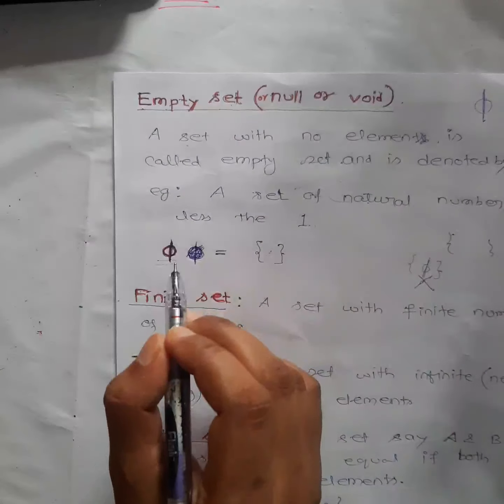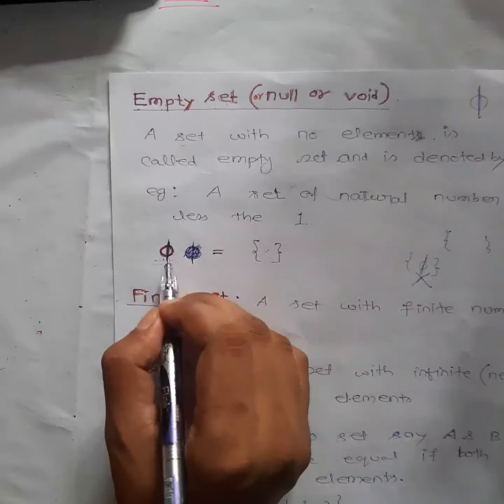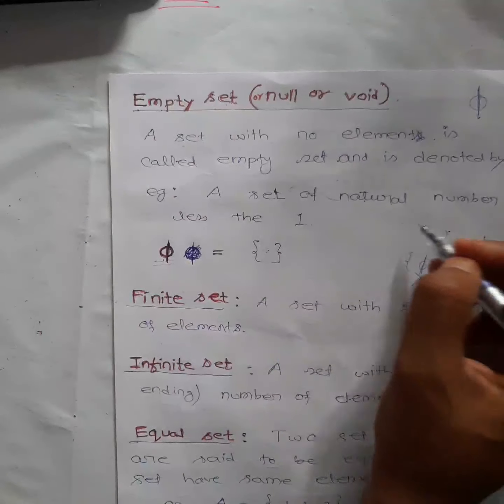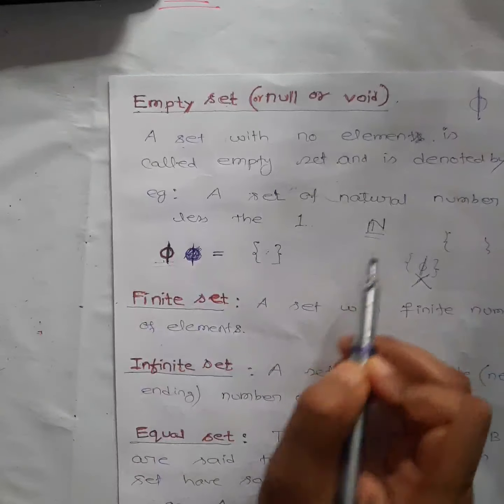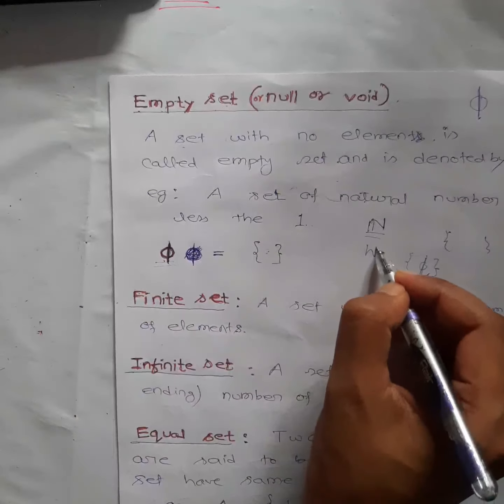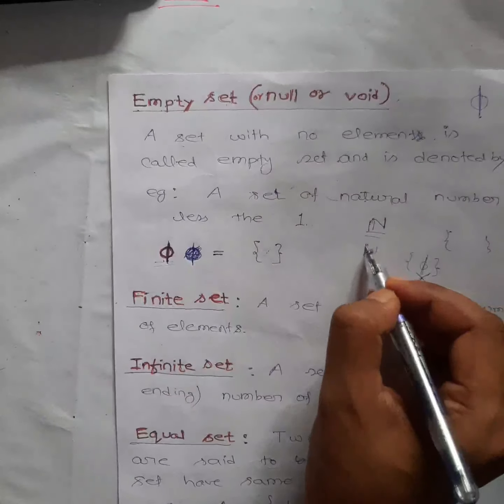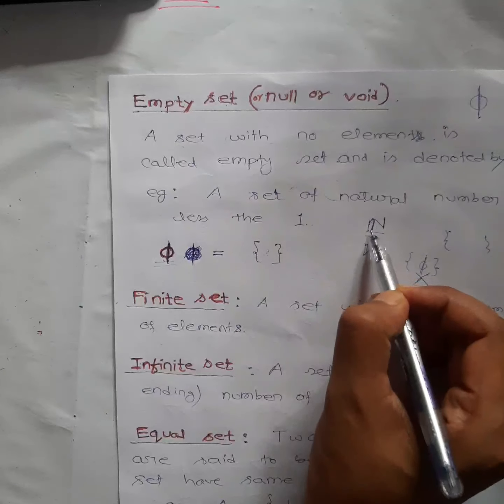Phi is itself the notation of the set. As I said, for the set of natural numbers, how do we notate it? Like this, capital N. For whole numbers, capital W. Now you might be thinking, why am I writing N like this?